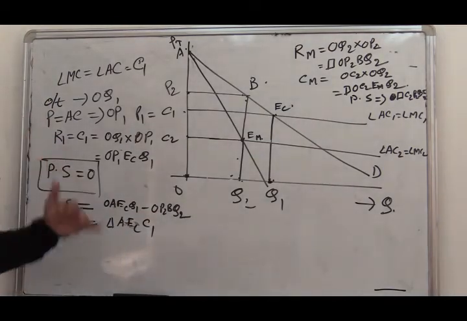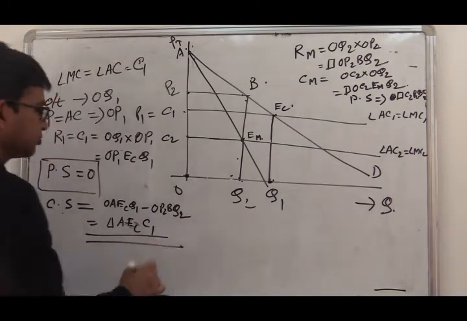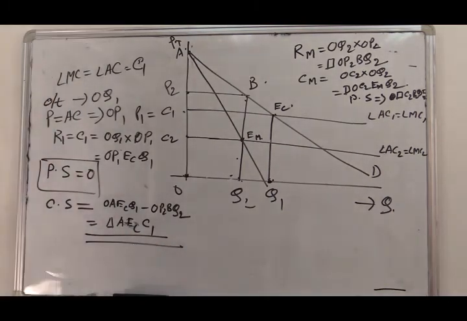So total surplus in the economy will be exactly equal to the consumer surplus, because producer surplus is 0.